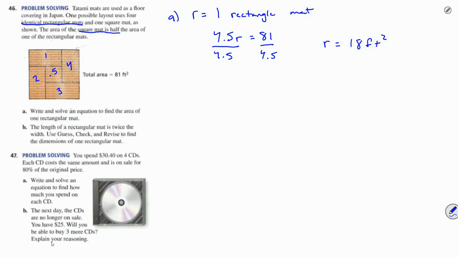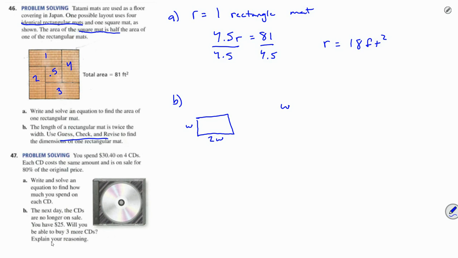The length of a rectangular mat is twice the width. Use guess and check to revise. So the length is twice the width. So if this is the width and here's 2W, here's something I see. It says guess and check, which is cool. I'm going to give you a little bit more advanced version of this.